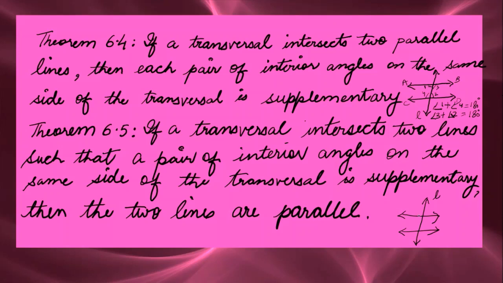If I take 1, 2, 3, 4, and angle 1 plus angle 4 equals 180 degrees and angle 3 plus angle 2 is 180 degrees, then if the lines are AB and CD, you can say AB is parallel to CD.